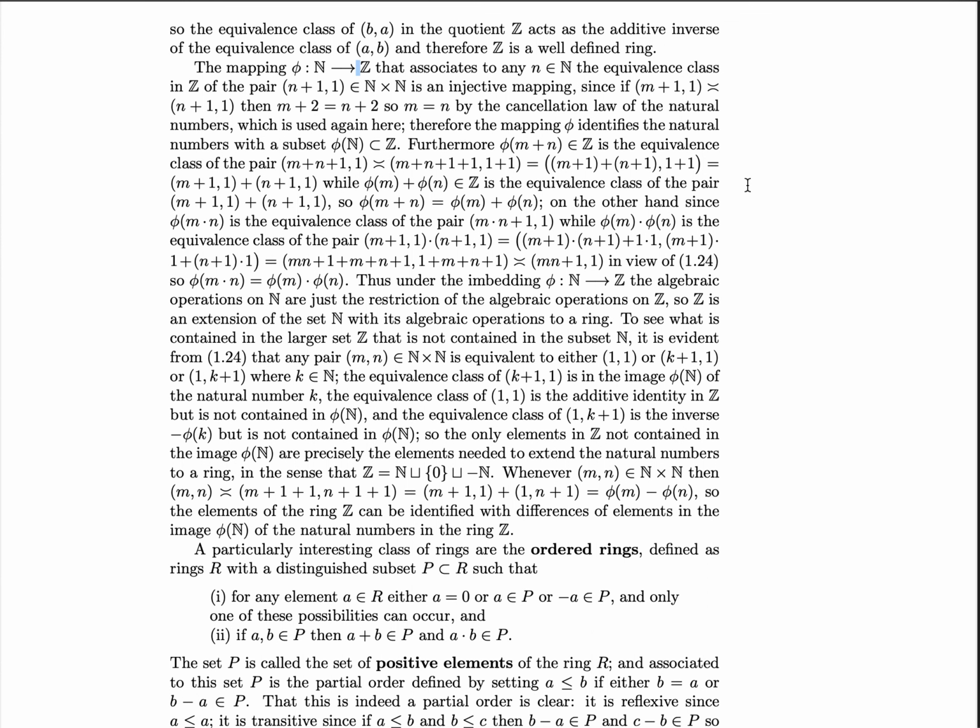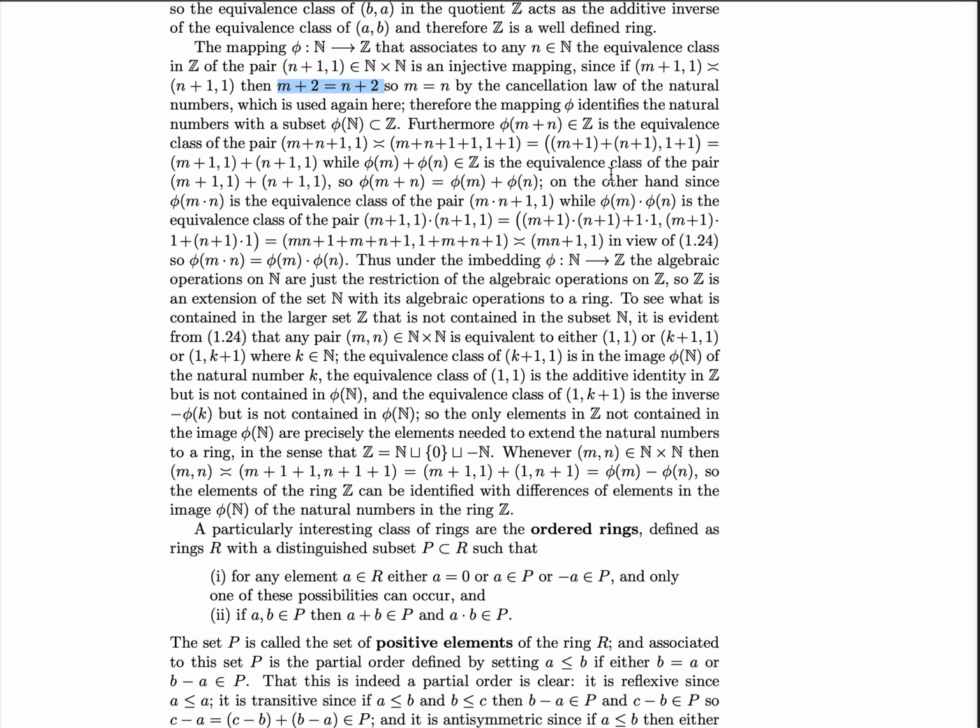Since (m plus 1, 1) is equivalent to (n plus 1, 1) if m is equal to n, by applying cancellation on (m plus 2, n plus 2), we see that the mapping phi identifies the natural numbers with a subset phi of N within the integers.